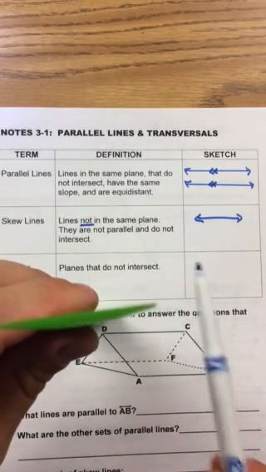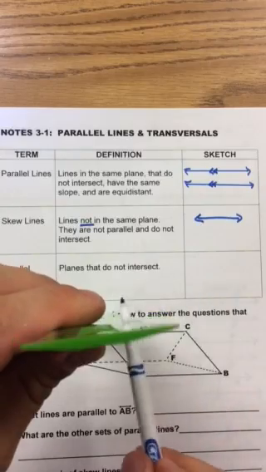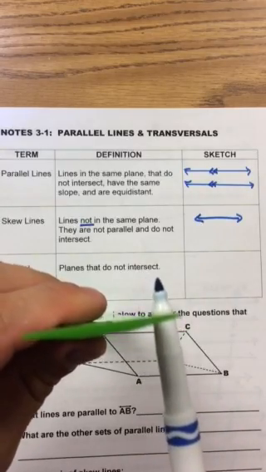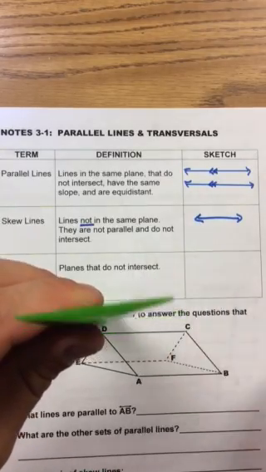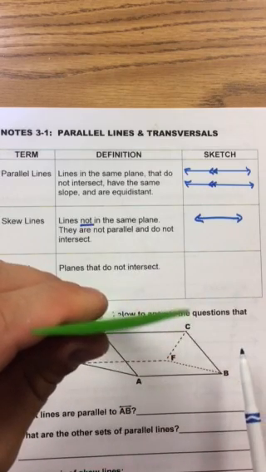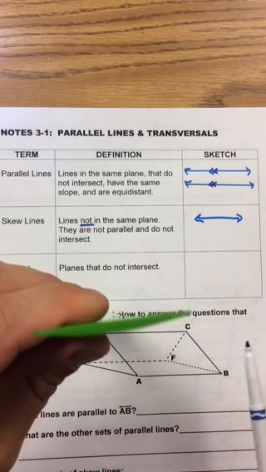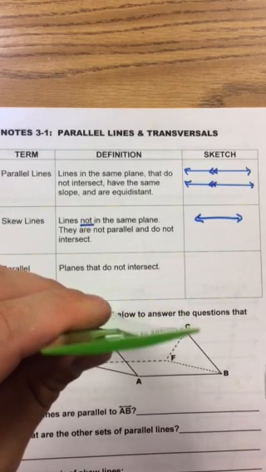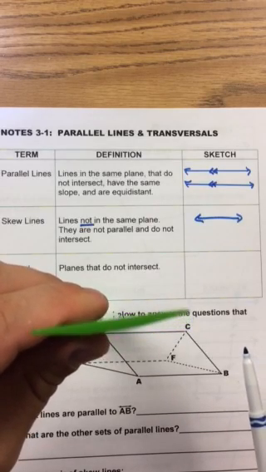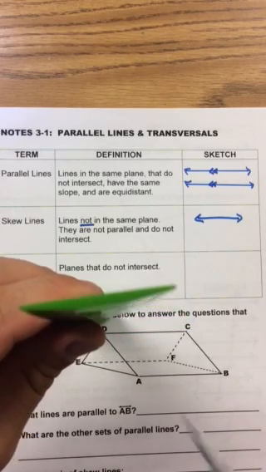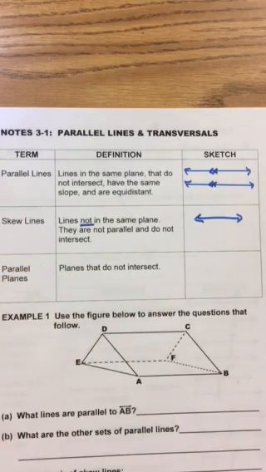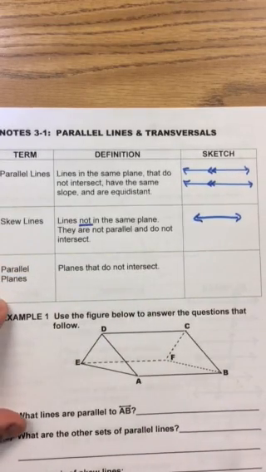As the ruler is going into the camera right now, it will never touch the line that is traveling horizontally across my paper. Because they are not in the same plane, they will never intersect. However, these are not parallel lines because they do not have the same slope. So that is skew lines as we're going forward.